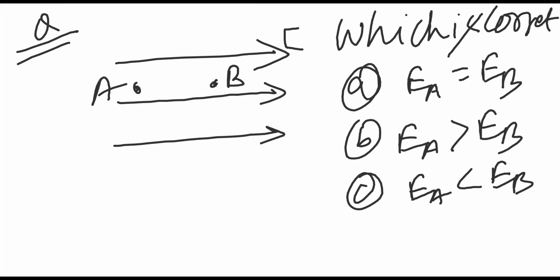Okay, so these are the electric field lines. So at A, is it equal to B or greater than B? Remember, this is a uniform field.